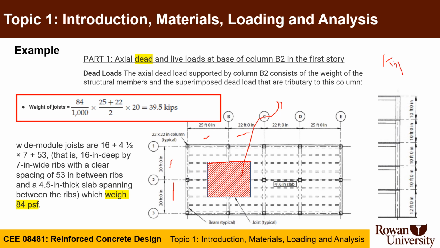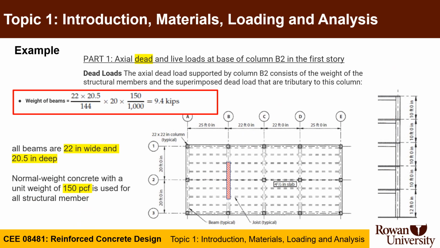So you have to multiply your load, which was given as 84 PSF, pounds per square foot, by the tributary area. The average of 25 and 22, divided by 2, times the average of 20 and 20, which is 20, times 84, divided by 1,000 to convert from pounds to kips. So it means the slab will transfer a load of 39.5 kips on the column at each floor, right?